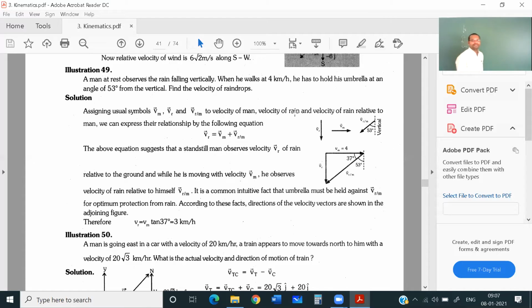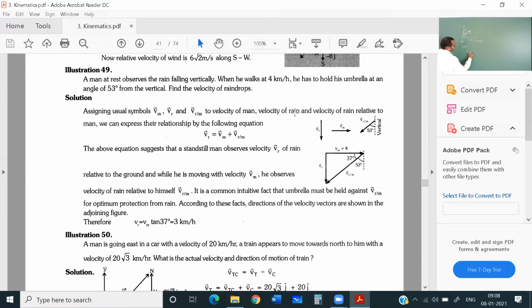Now, when he walks at 4 km per hour, what happens? He has to hold his umbrella at an angle of 53 degrees with the vertical, in this direction. Then, what is the velocity of rain? That is what they are asking.